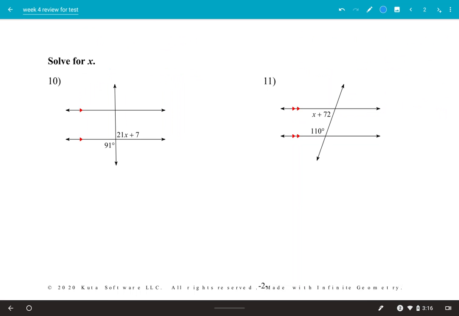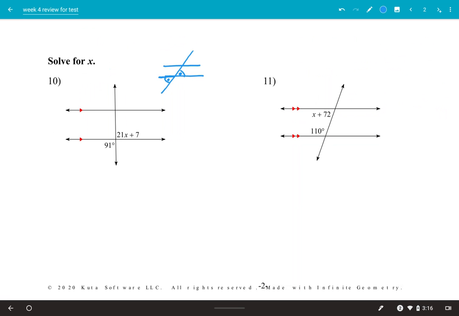So if we have this one, sometimes when they draw the line when it's 91, it's a little bit harder to see. So I like to draw it out again, and let me just show it a little bit better. So we're talking about this angle and this one. Both of those angles look like they're smaller than 90 degrees, but they're also vertical.